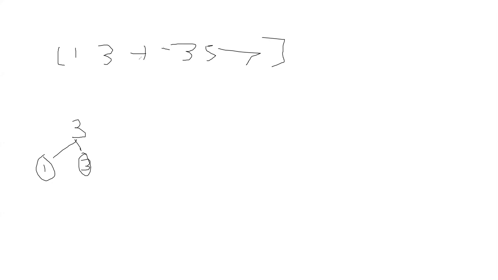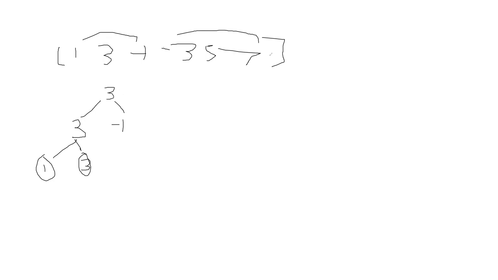So how will this go? We'll be having a mid. Our mid is over here, 2, 3, 4, 5. So this will be the left and this will be the right. Now we'll have -1, and taking 3 and -1, our max over here will be 3.